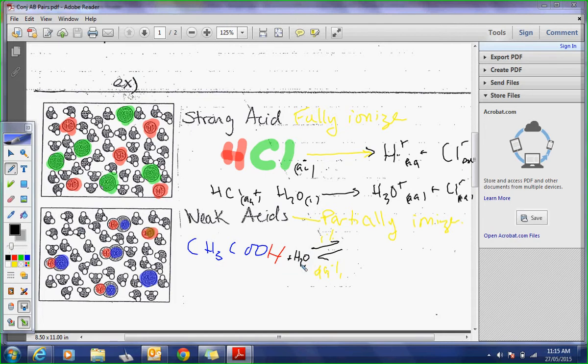You boys don't need to write any of this down here? None of it? I think you should write it down. And this becomes what? H3O plus and CH3COO minus. Aqueous, aqueous, liquid, liquid often. Sometimes aqueous.